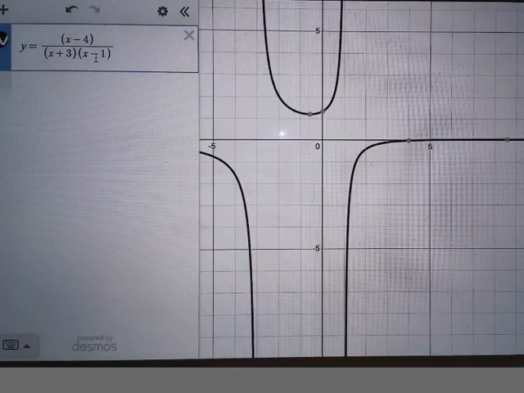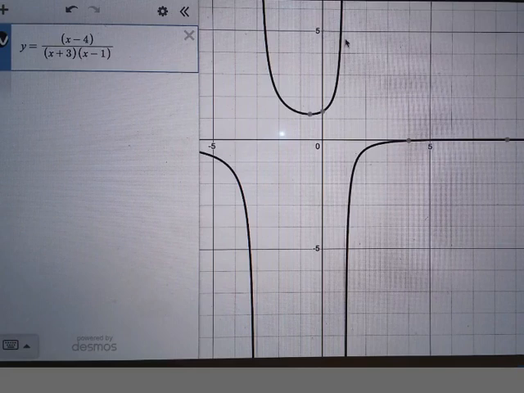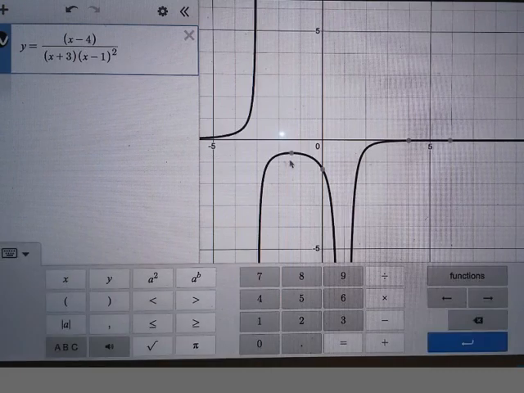So, if I put x minus 1, there's an asymptote at plus 1, a vertical asymptote. If it's got x plus 3, there's a vertical asymptote at x equals minus 3. And if I wanted to go in the same direction at the plus 1, I would square it. So I can go here and put a square on that. Now they both go in the same direction there.